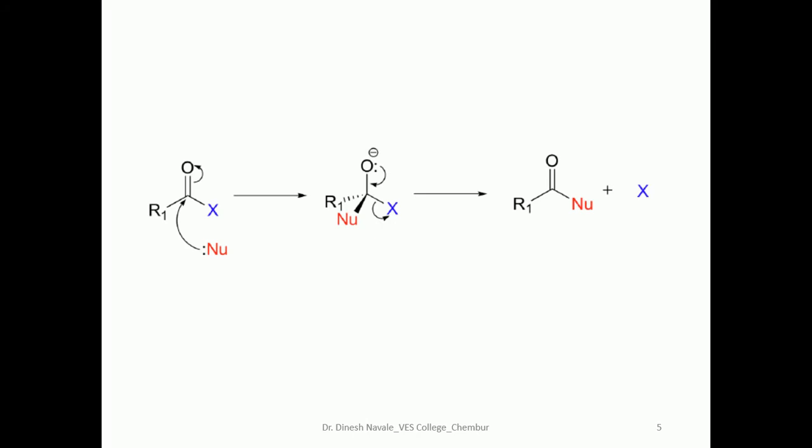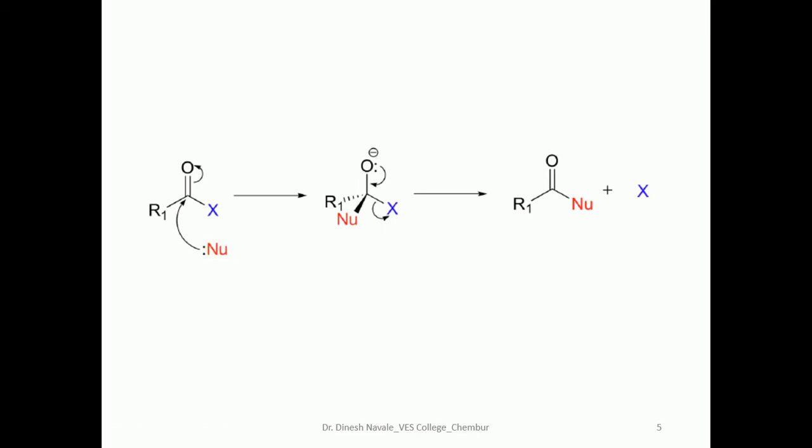Suppose this is the acyl group, with the carbonyl carbon and oxygen. X can be hydrogen in the case of an aldehyde, methyl in the case of a ketone, and OH in the case of a carboxylic acid, and Nu is the nucleophile.